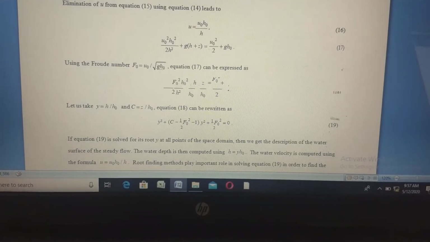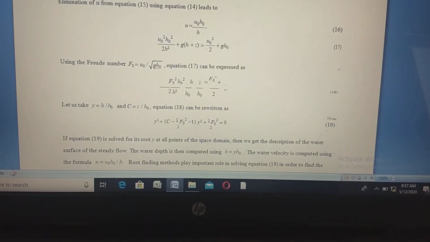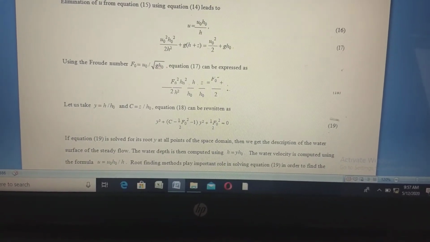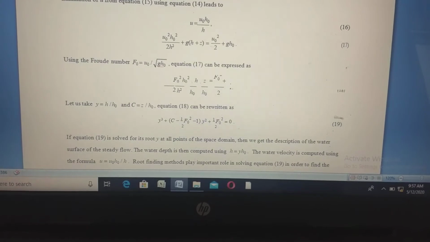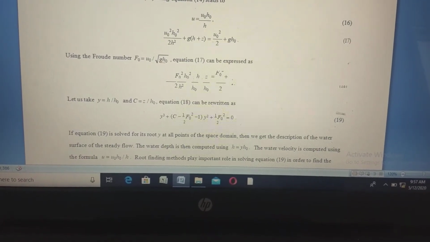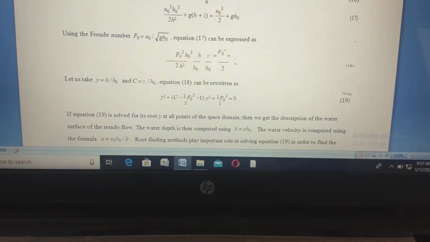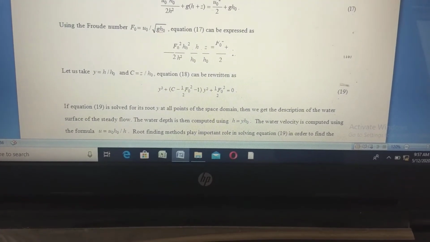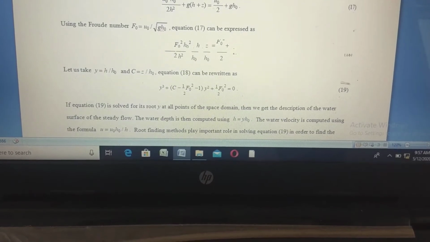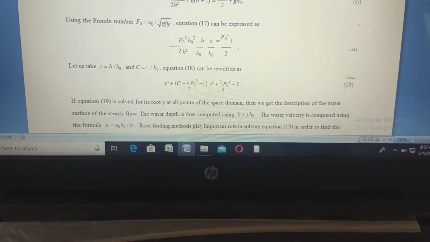Using the Froude number f naught equal to u naught by root of g h naught, equation 17 can be expressed as f naught squared h naught squared divided by 2h squared into h by h naught equal to f naught squared by 2. Let us take y equal to h by h naught and c equal to z by h naught. Equation 18 can be rewritten as y cube plus c minus 1 by 2 f naught squared minus 1 into y squared plus 1 by 2 f naught squared equal to 0.